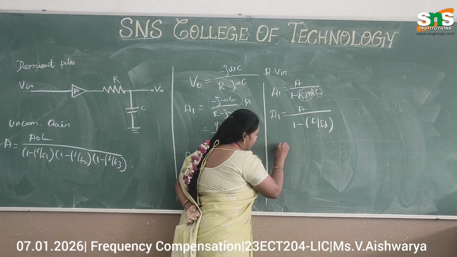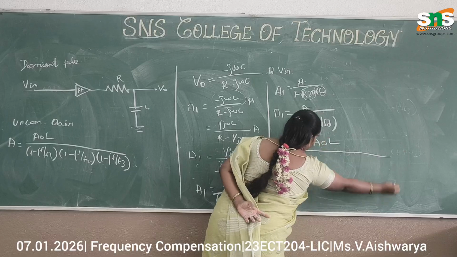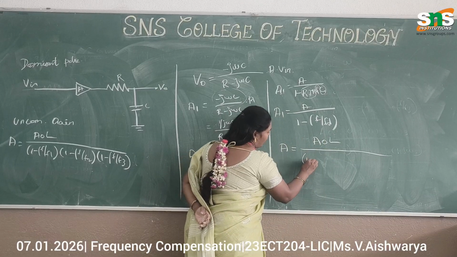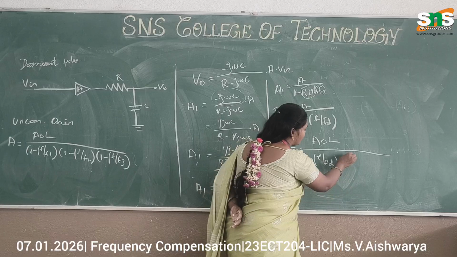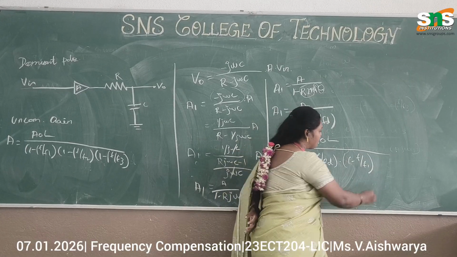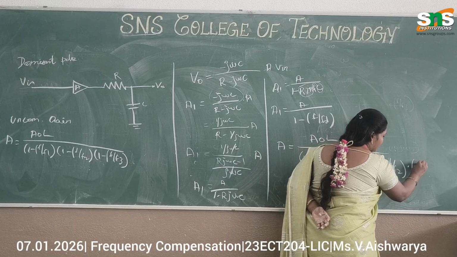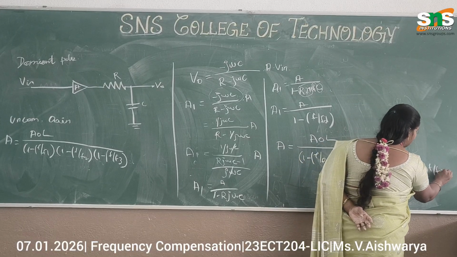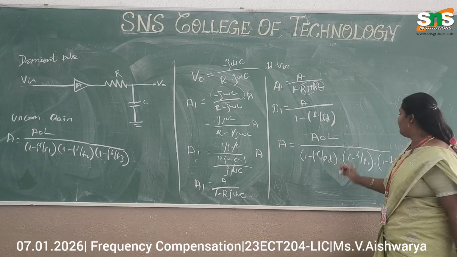So A equals AOL divided by (1 minus F by Fd) into (1 minus F by F1) into (1 minus F by F2) into (1 minus F by F3). So this is our dominant pole gain value.